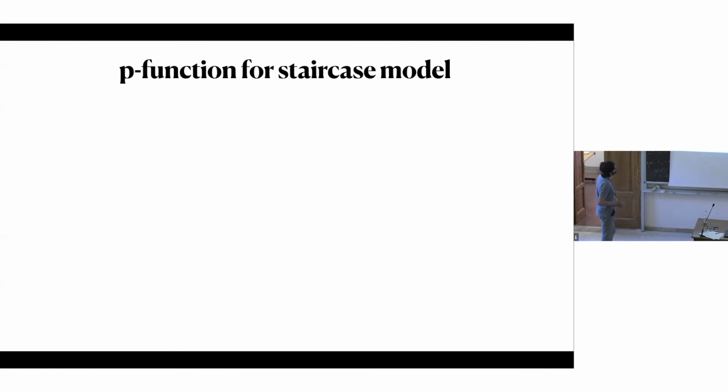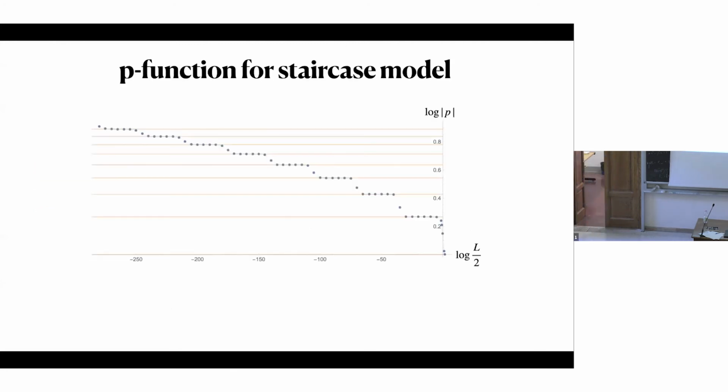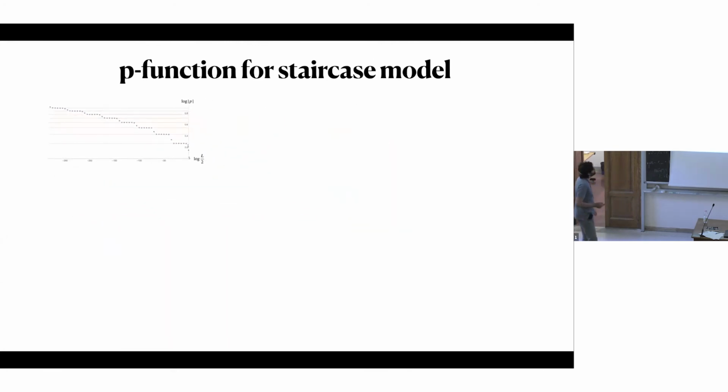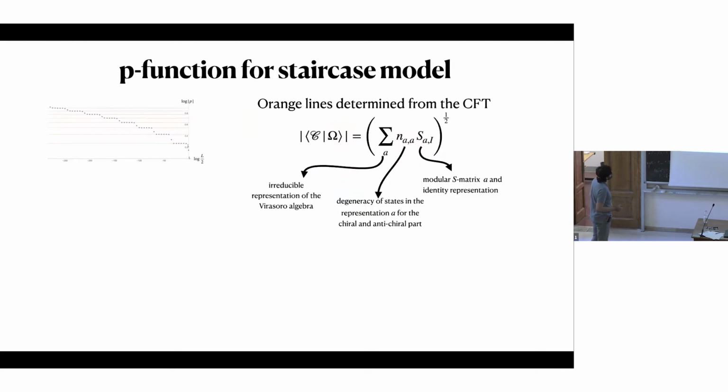Okay, so we did that. We plotted the log of P as a function of L, and we see that it also develops some plateaus, but the important thing is that it decreases from the UV to the IR. These orange lines we can also determine using CFT data.